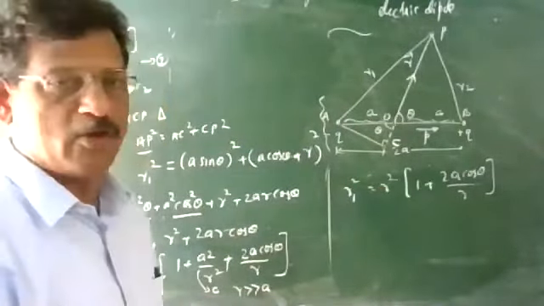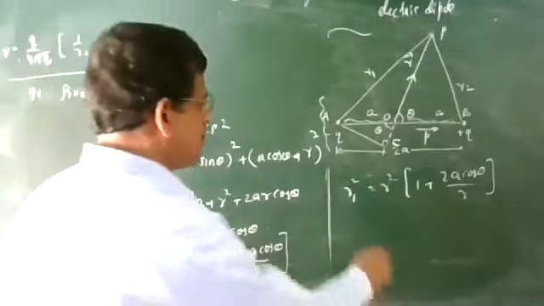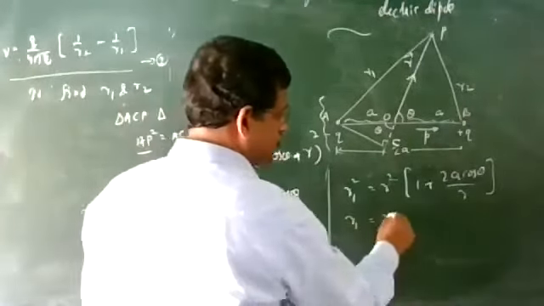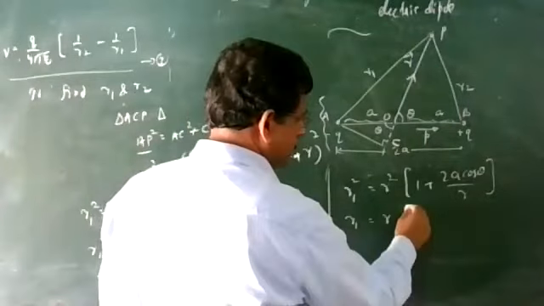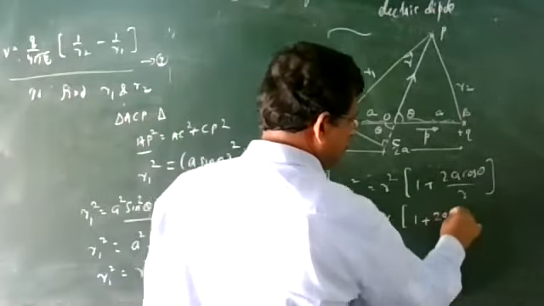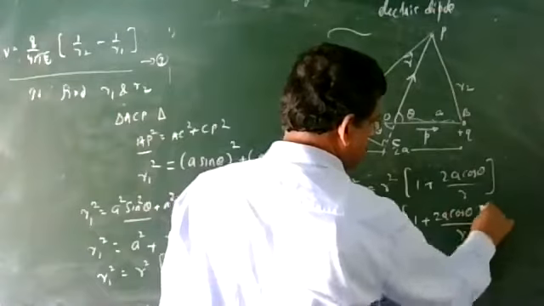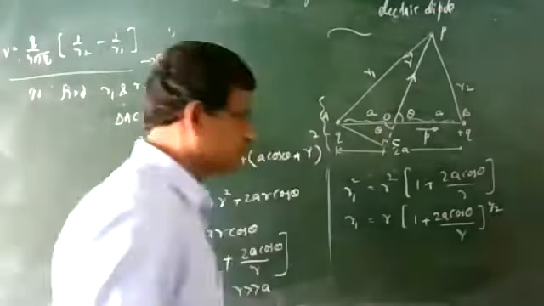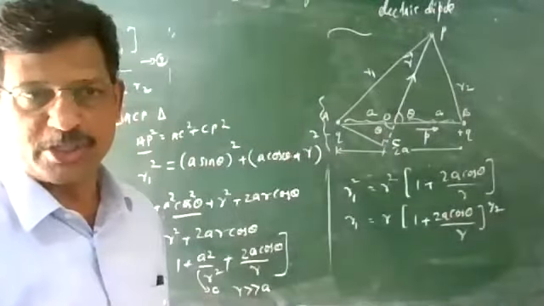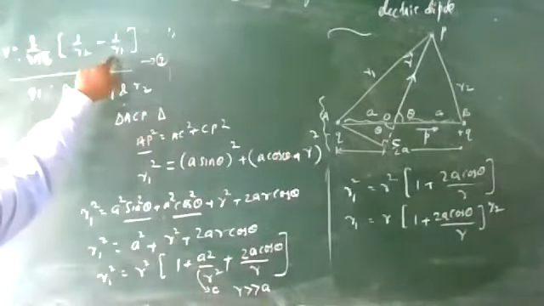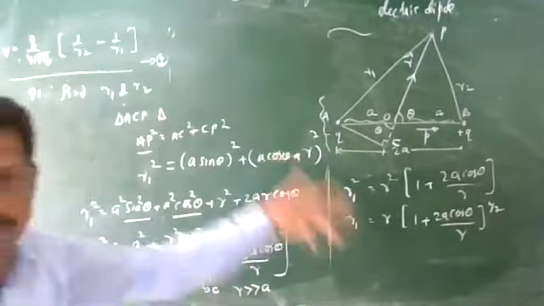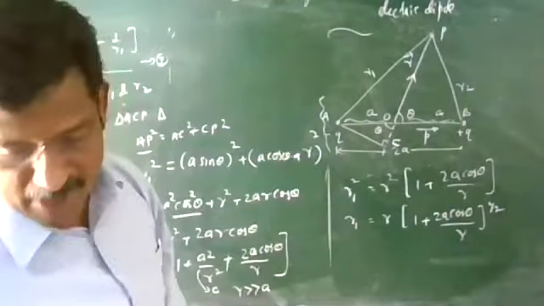So what will be the value of R1? R1 is equal to the square root, that is R times 1 plus 2a cos theta divided by R, to the power half. One more step: in equation number 3 you can see 1 by R1, not R1, so we take the reciprocal.